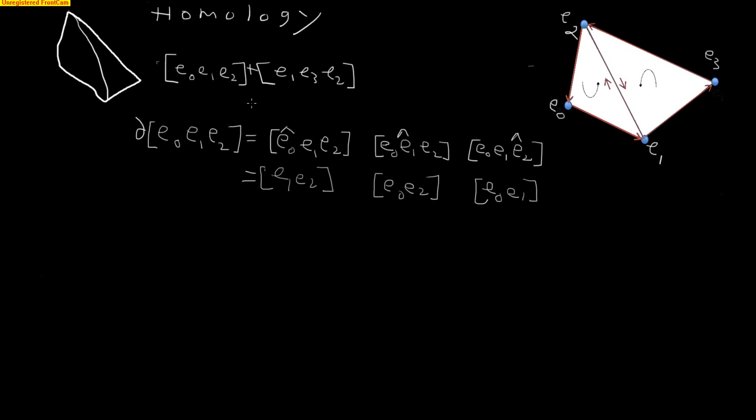Now, here I had, of course, this plus sign. And here I also want to put plus or minuses to join the pieces together. But before I put plus or minuses here, let's take a look at what happens.